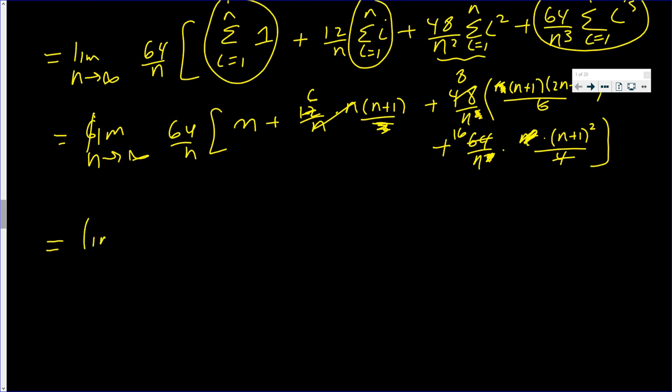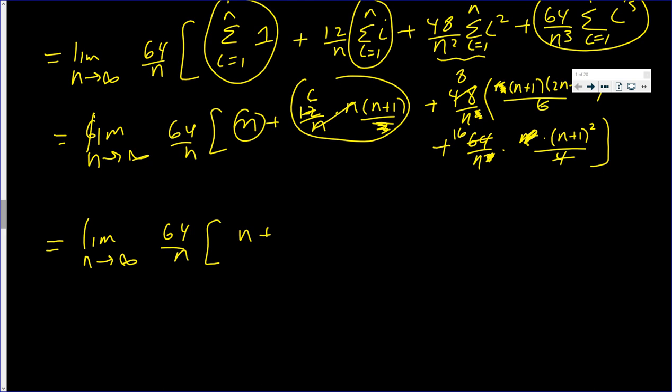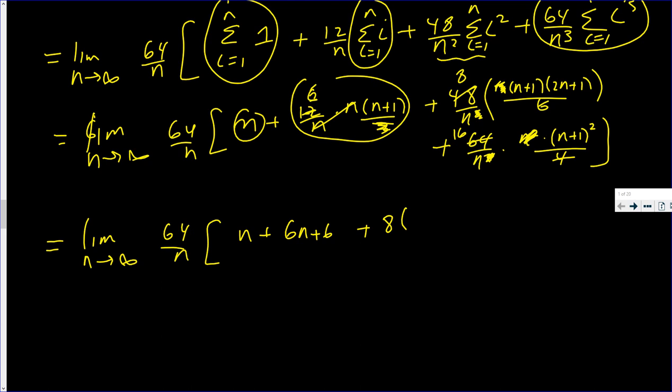This is equal to the limit as n goes to infinity of 64 over n plus this. Distributing the 6, we get 6n plus 6 plus 8 times, let's multiply that out.